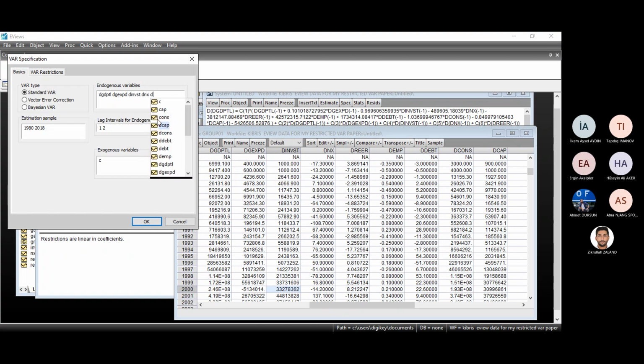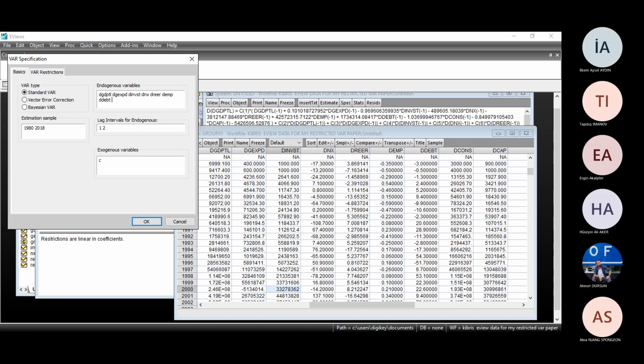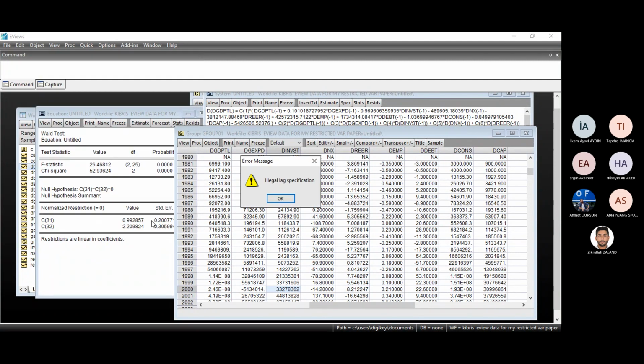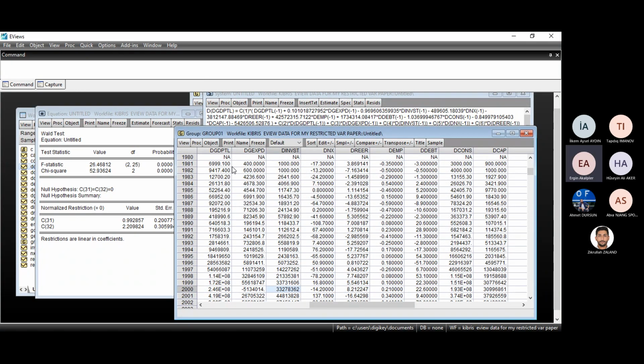Change rate. I use 1. Illegal specification says.